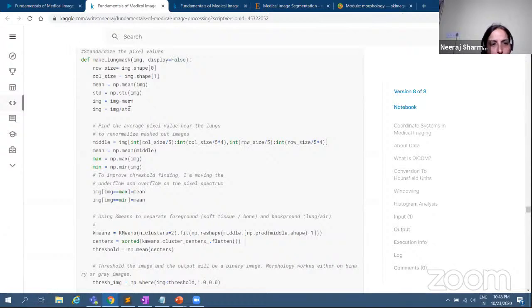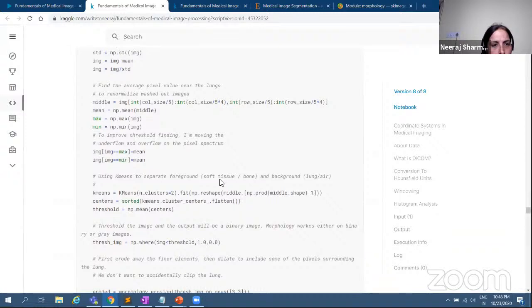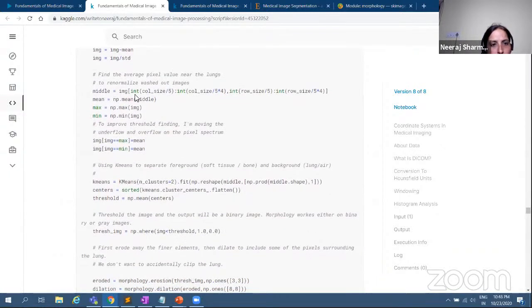We are subtracting the mean and dividing by the standard deviation. Here we are taking the middle of the image so that we can perform the clustering better.